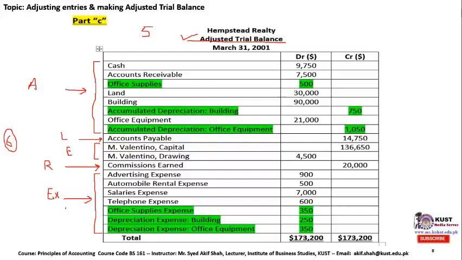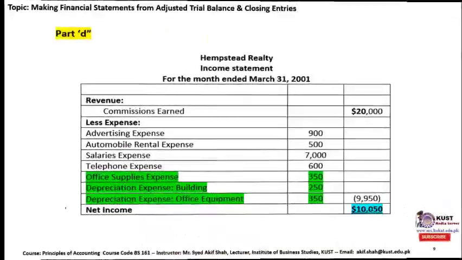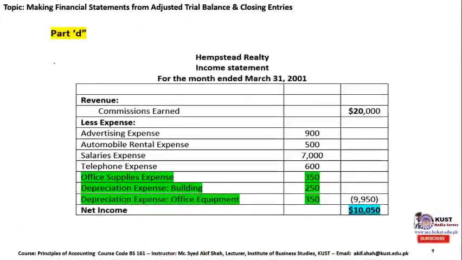So in part 4 or part D, the numerical illustration is expecting us to make an income statement. And how to make that? First of all, we mention the company name at the top. Afterwards, the financial statement name should be clearly mentioned, which is income statement. After that, we have to mention the date in a specific manner, because this is a running operation kind of financial statement.